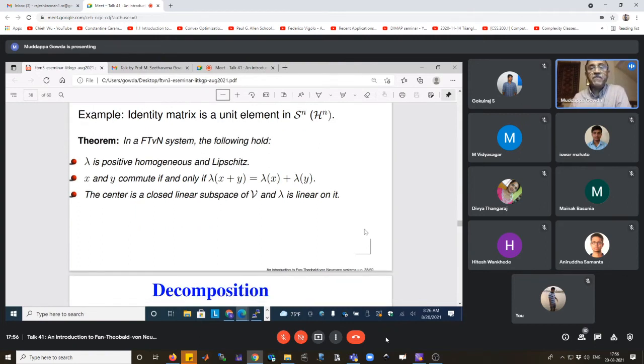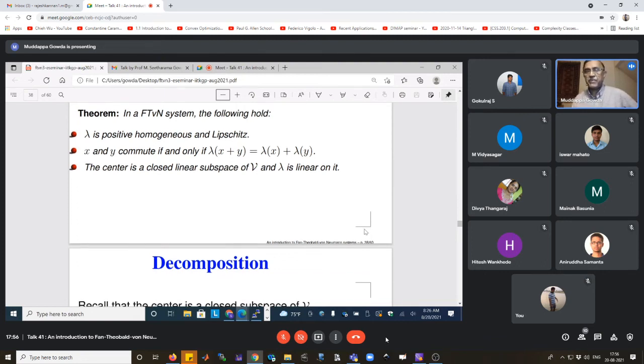X and y commute if and only if lambda of x plus y equals lambda x plus lambda y. Now this is new even for matrices. Remember, commutativity in an FTVN system is much more than the ordinary commutativity. Commutativity in this FTVN system is related to lambda being additive on the sum: lambda of x plus y equals lambda x plus lambda y.